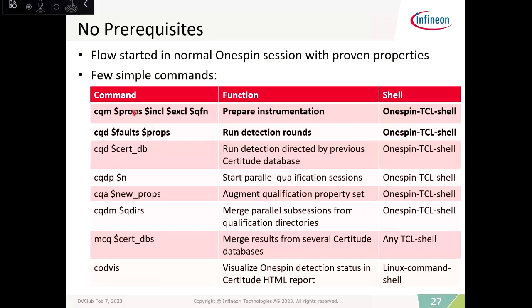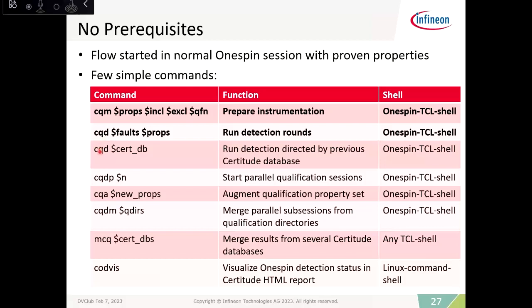The first command does modeling. The second starts the detection rounds. You can simply call them without any arguments, and that also works. The procedures work, and the heuristics are pretty good, so they also work quite efficiently.